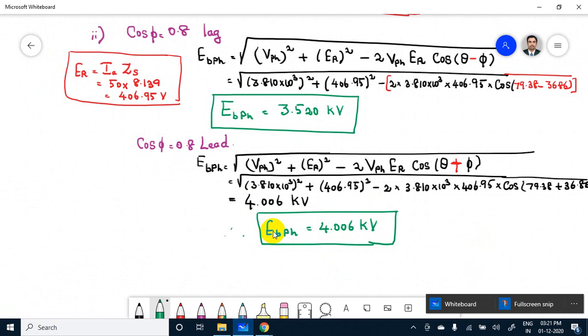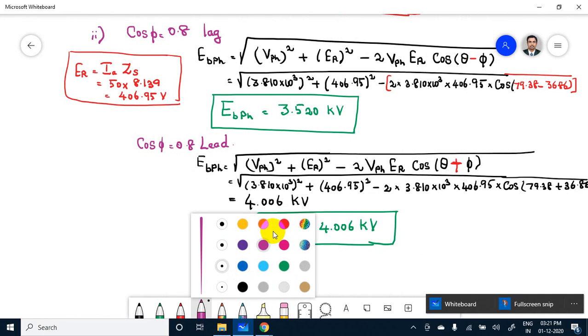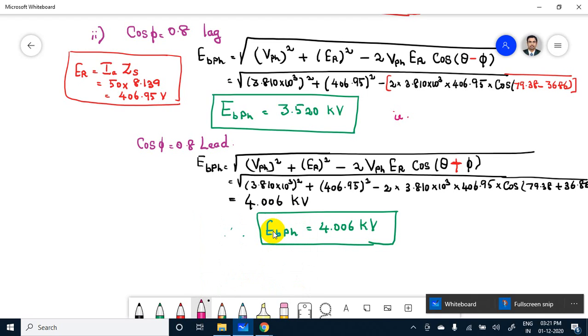Generally, in lagging and leading, we check the power factors with respect to the phase voltage. In lagging, we got EB phase equal to 3.520, but V phase is 3.810.